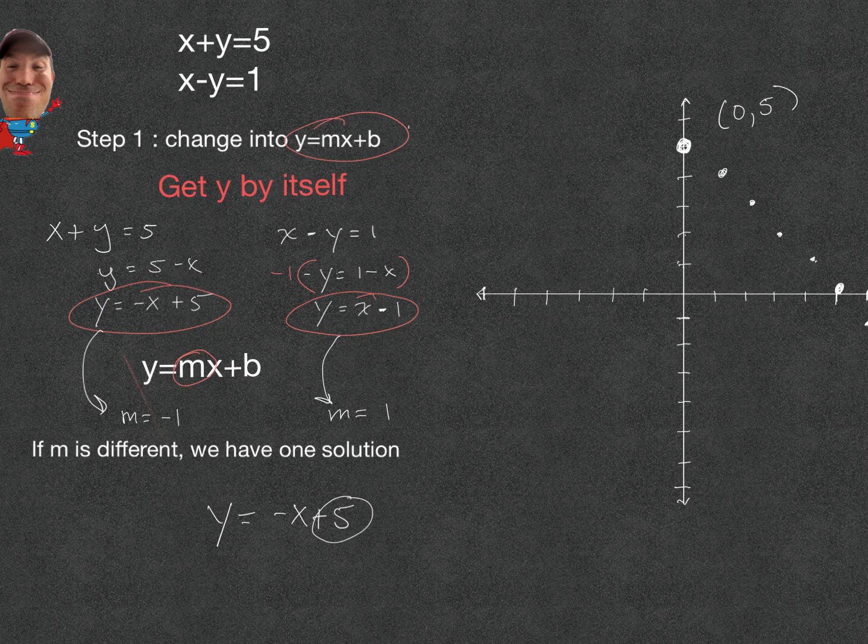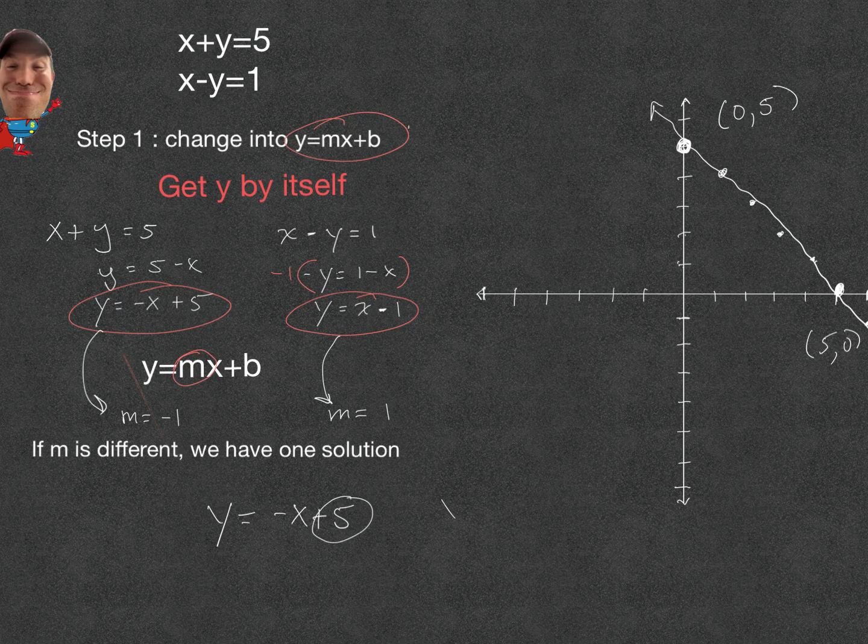Negative 1 means down 1 to the right 1. Then I connect this, and I've got my line. One point here is (5, 0).